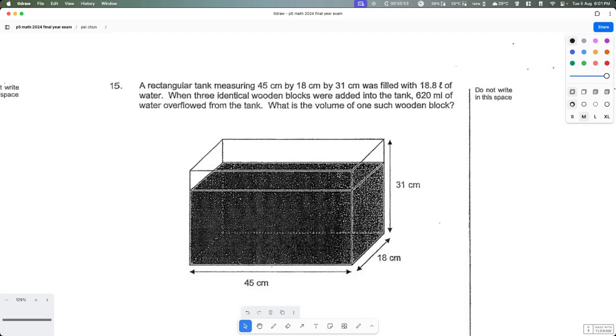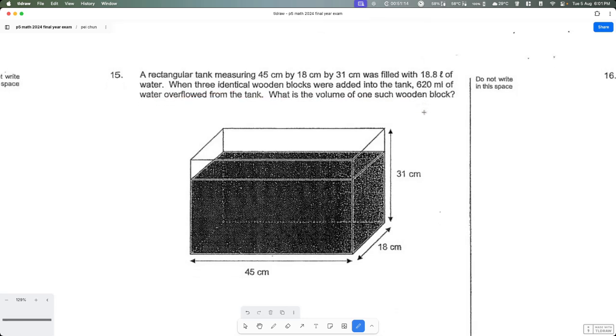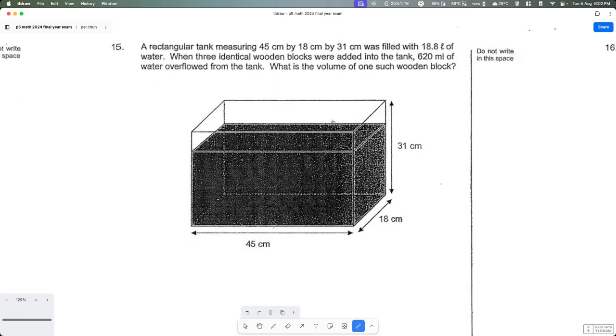Question number 15. All right, so question number 15 says a rectangular tank measuring 45 centimeters by 18 centimeters by 31 centimeters was filled with 18.8 liters of water. When three identical wooden blocks were added in the tank, 620 milliliters of water overflowed from the tank. What is the volume of the wooden block over here? So the tank was filled with 18.8 liters of water.